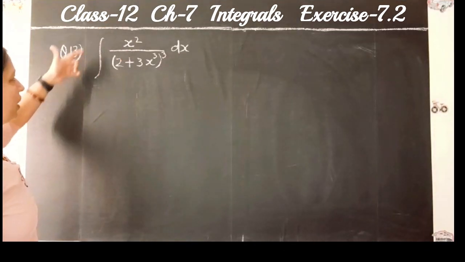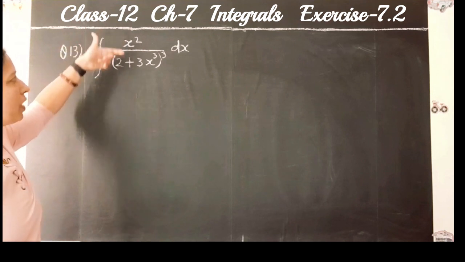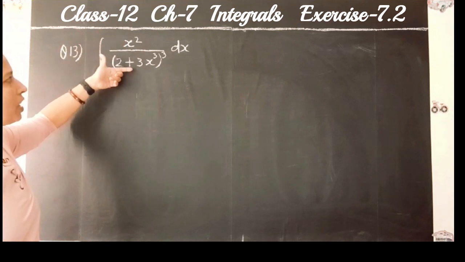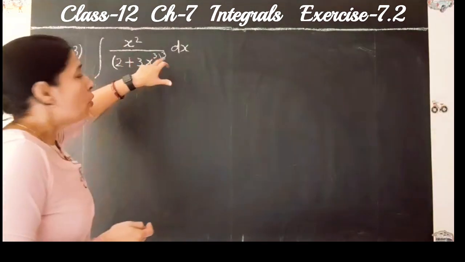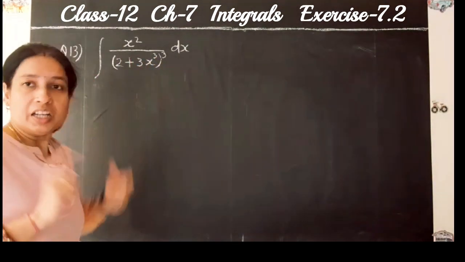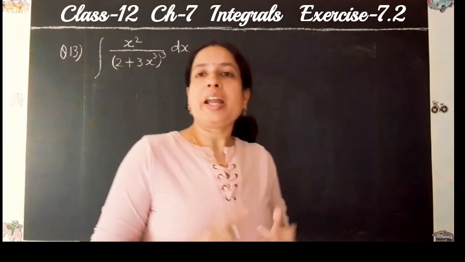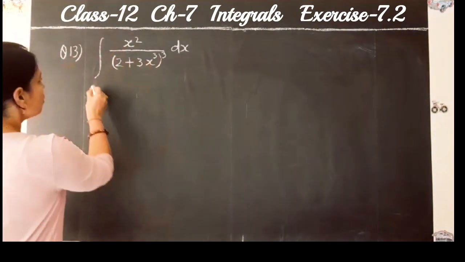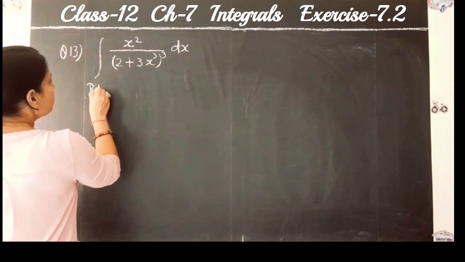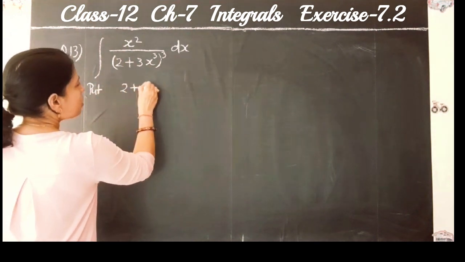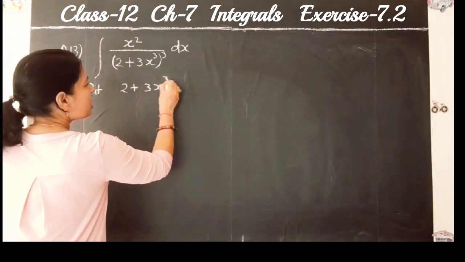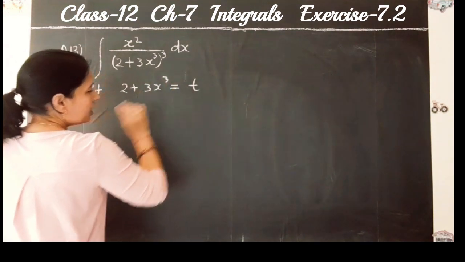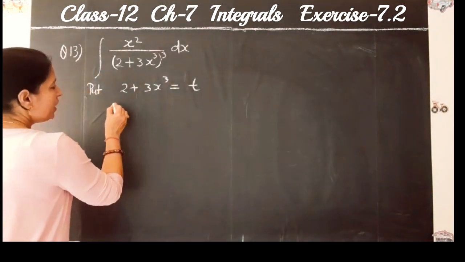Question number 13. It is integral of x square divided by 2 plus 3x cube whole cube dx. Here we know that derivative of x cube is equal to 3x square. So first we put 2 plus 3x cube is equal to t. Now differentiate both sides.